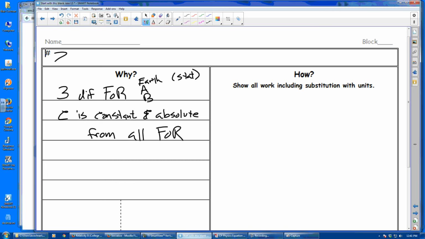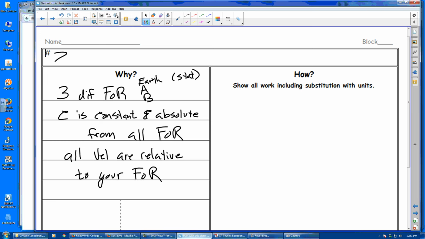You might even put in here that all velocities are relative to your frame of reference.